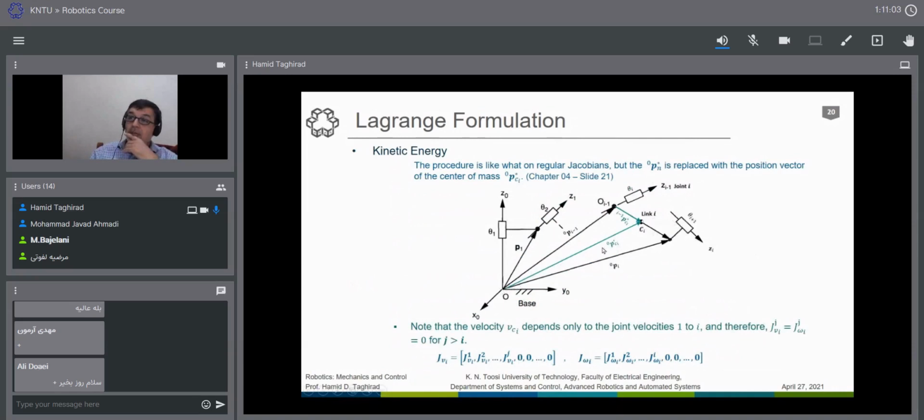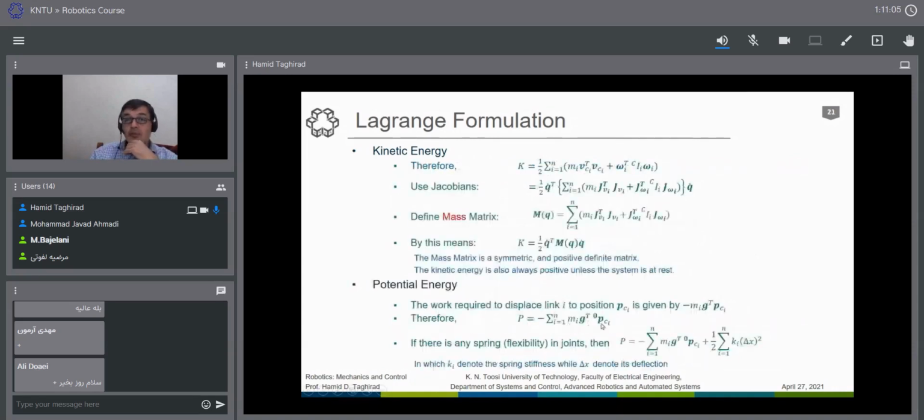The treatment will give you m g transpose p in the minus direction, because gravity is usually in the minus direction, and then you can find that in this way.